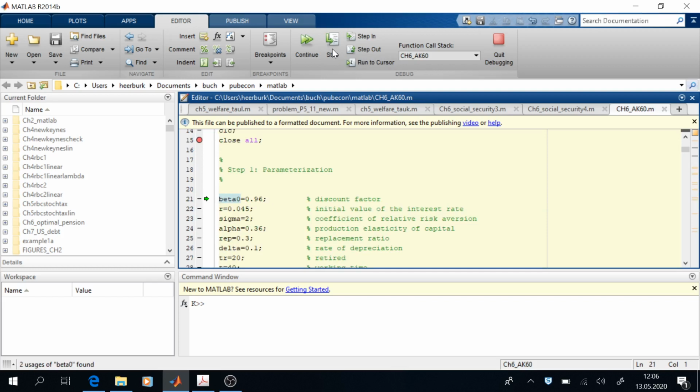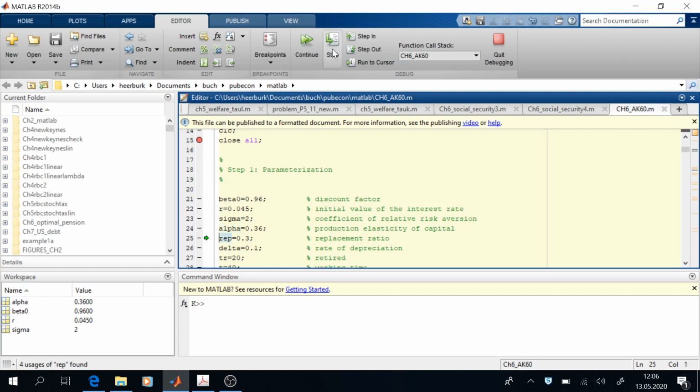And now we assign parameter values in the first part of the program. So the discount factor beta is set equal to 0.96. The initial value of the interest rate will be 4.5%. The coefficient of relative risk aversion is equal to 2. Alpha, the production elasticity of capital, will be equal to 0.36.